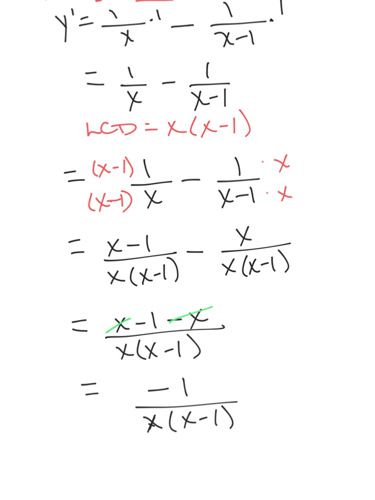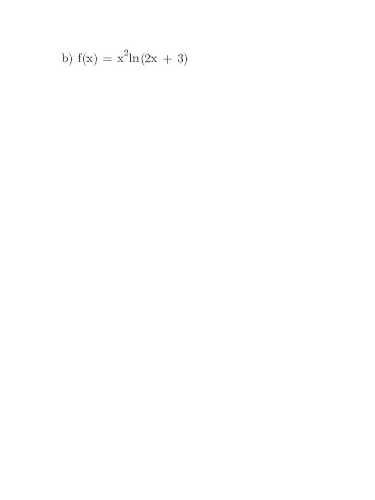On example B, we have the function f of x equals x squared times the natural log of the quantity 2x plus 3. What you need to note on this one is that there is a multiplication in here between the x squared and the natural log.